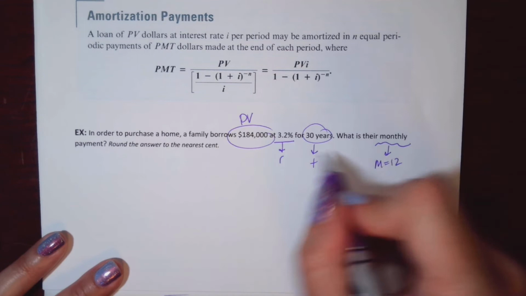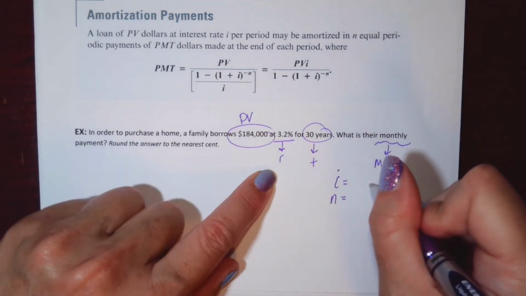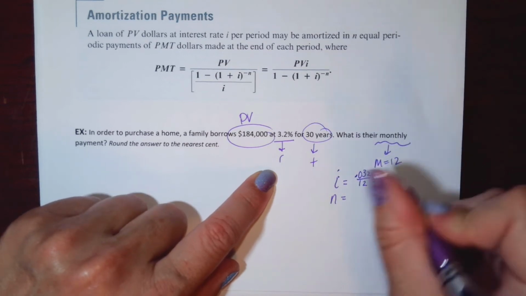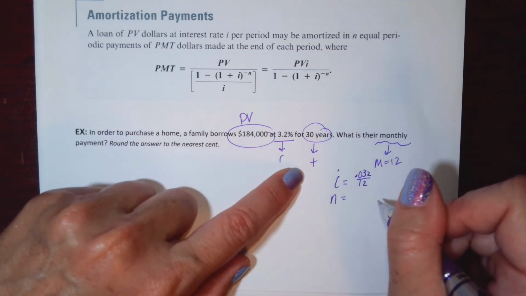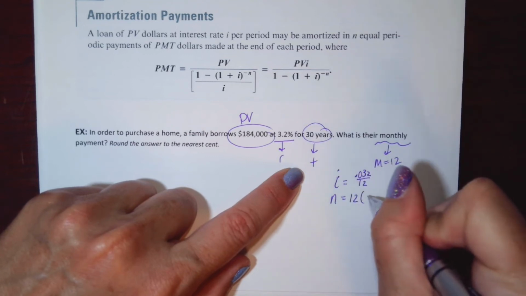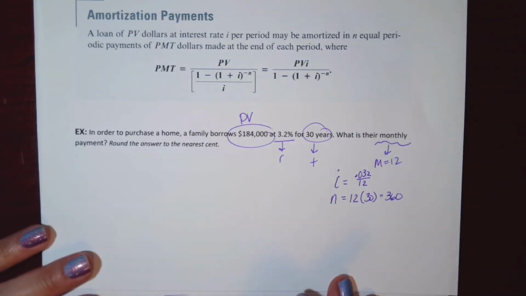So if we need I and we need N, I is going to be rate as a decimal over our compounding period, monthly payments for loans like car loans and house loans. N is that compounding period times the number of years. So over 30 years, we're making 360 payments.